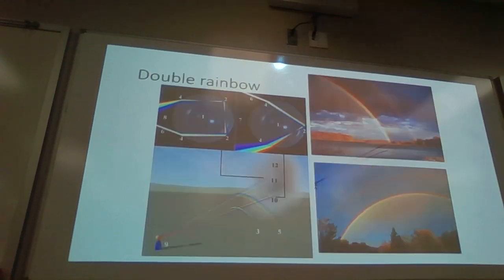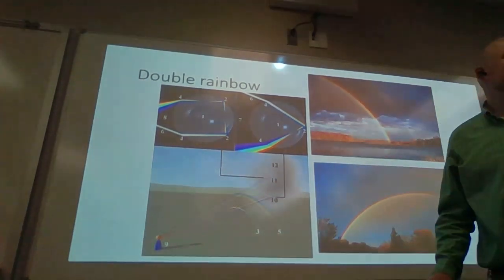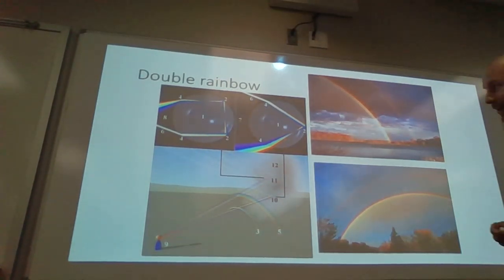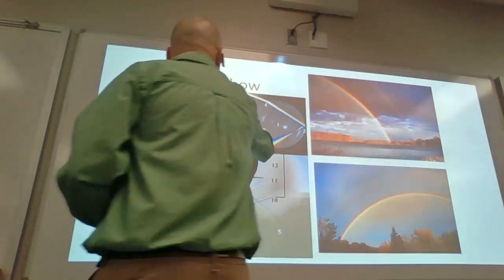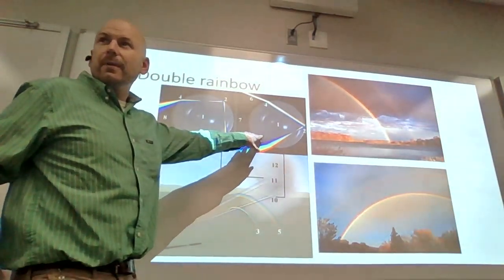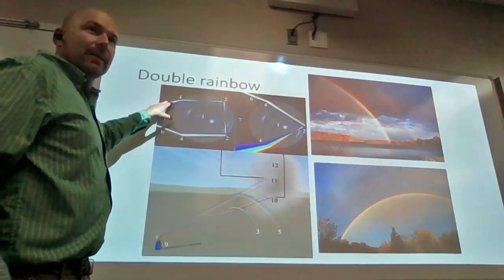Yep. Okay, so Ben, here's your double rainbow. It's just the stuff that's in there. Okay, so double rainbow occurs. Here's the geometry for a single rainbow. Okay, a double rainbow, light comes in and bounces twice before getting out.